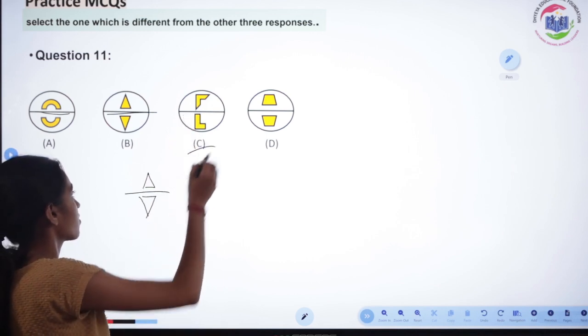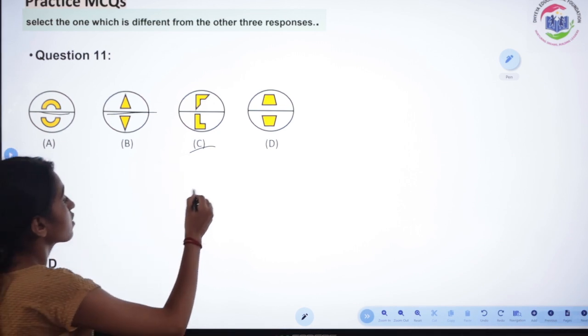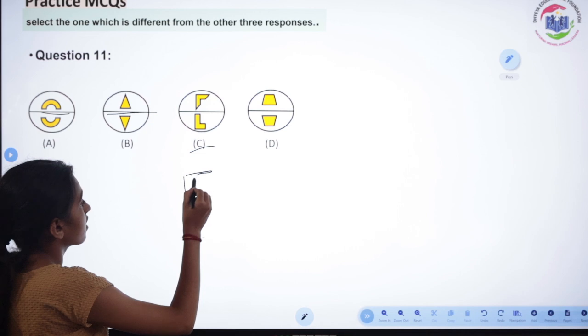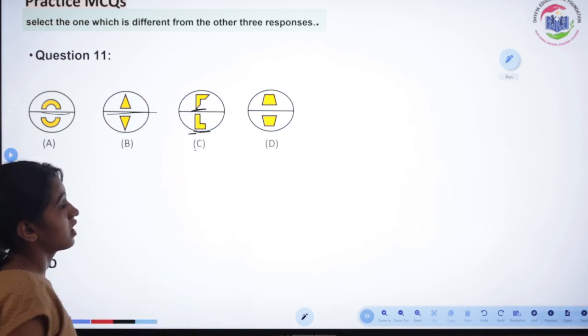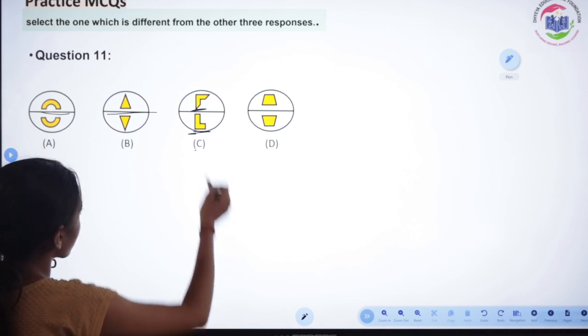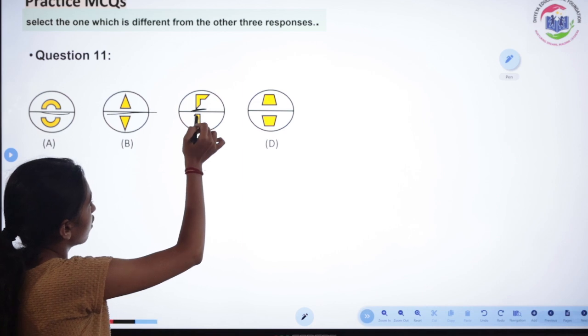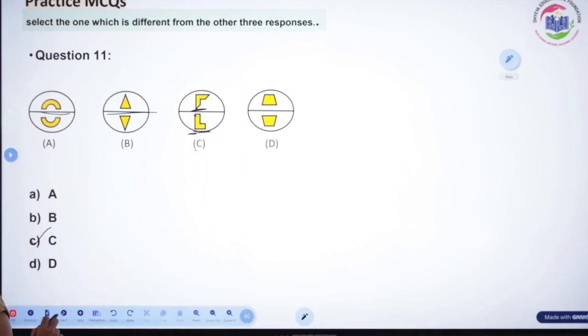But if you talk about option C, there is no similarity between this figure and this figure. They are the opposite, or we can say it is not similar. And after drawing the water image, it will not look like this. Because of this, option C is the correct option.